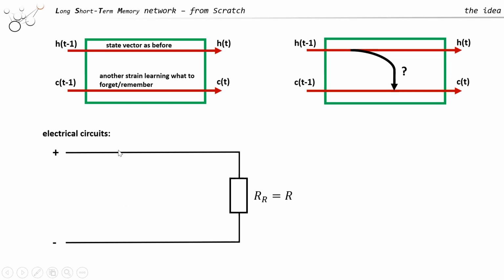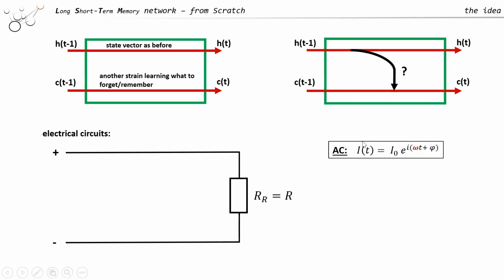So just imagine you have the current that goes from plus to minus and has to pass the resistance. If you have a constant direct current, that doesn't really change a lot. However, what is interesting is if you have alternating current with a certain frequency omega.